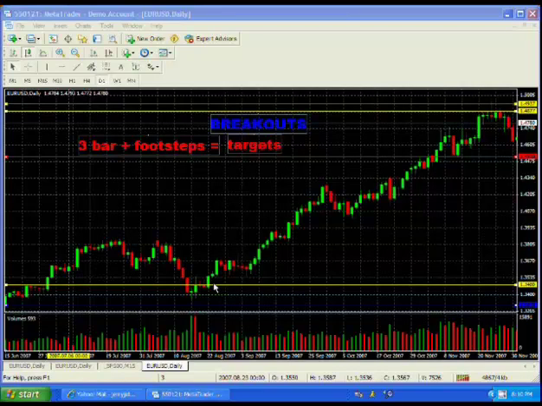But just remember that when you're talking about support and resistance levels, the longer the time frame, the stronger the support or resistance level is going to be, because there are more players. There are going to be more players in a daily bar than in a 4-hour bar, and more players in a 4-hour bar than a 1-hour bar.